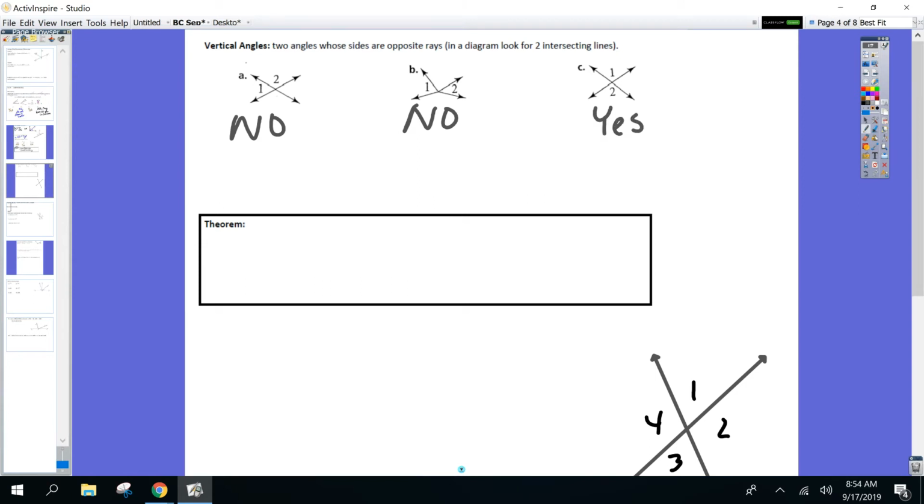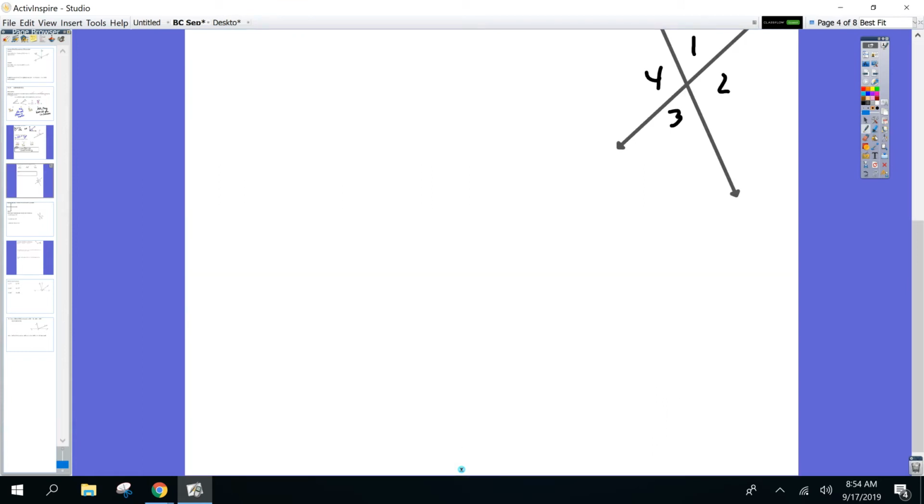There's a theorem about vertical angles, but I'm not just going to straight up give it to you. You're going to find out yourself. Let's go back to my vertical angles here. Let's say that's 100 degrees. What's this one next to it?